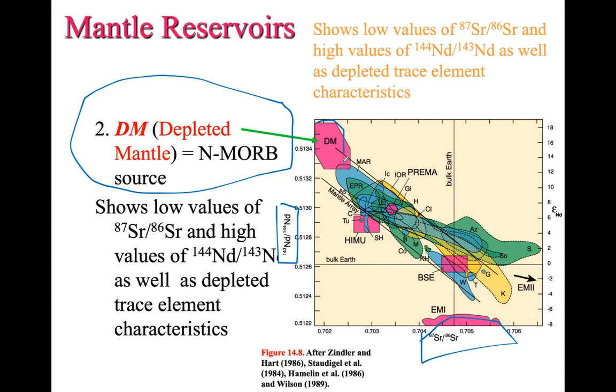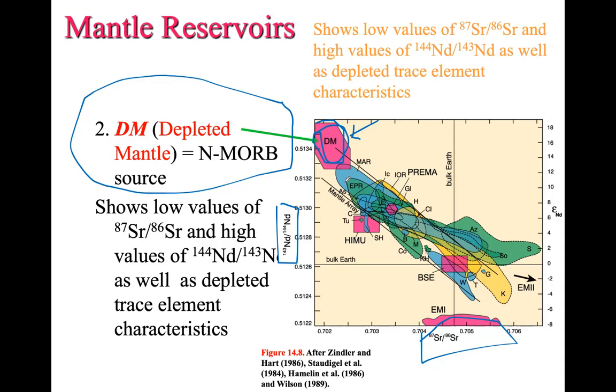For example, depleted mantle. If any rock is coming from upper mantle melting without being affected by any secondary process, it should plot within this region. But some rocks are affected, even upper mantle rocks.